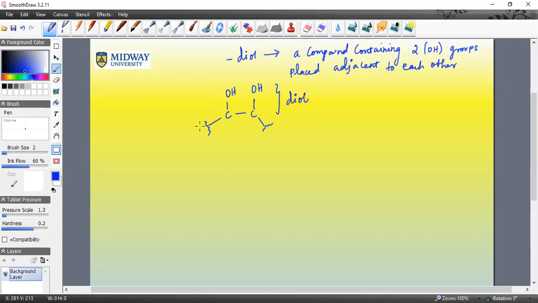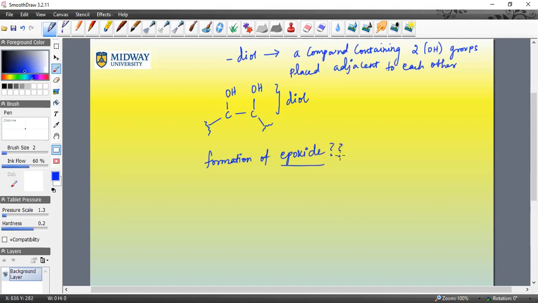And there is only a certain way you can generate this, and that is through the formation of what is known as an epoxide. What is an epoxide?